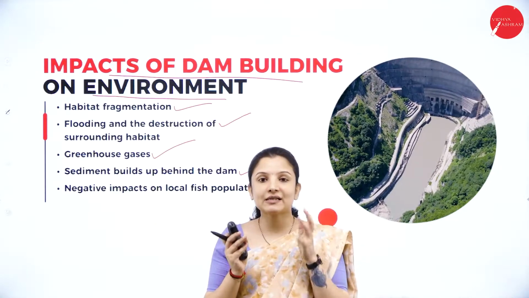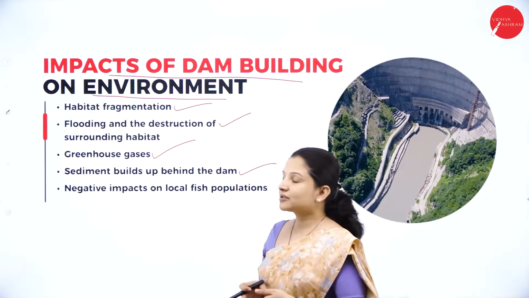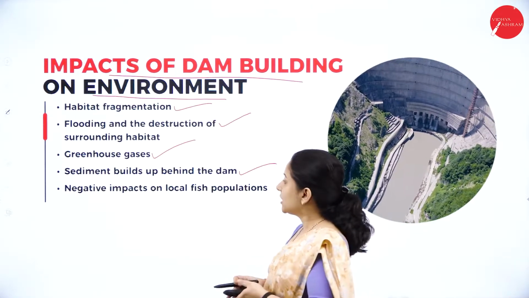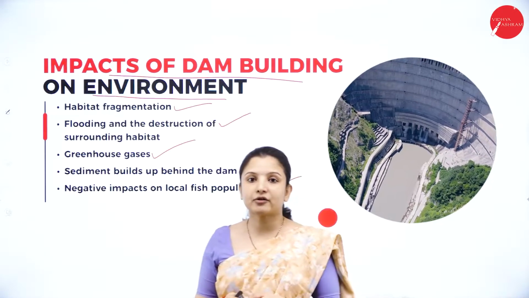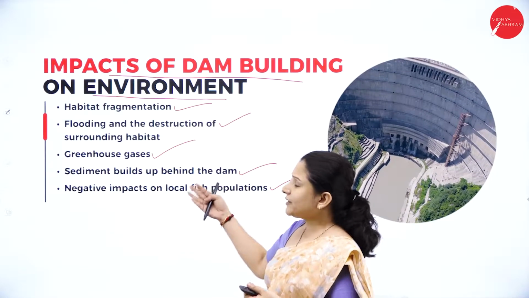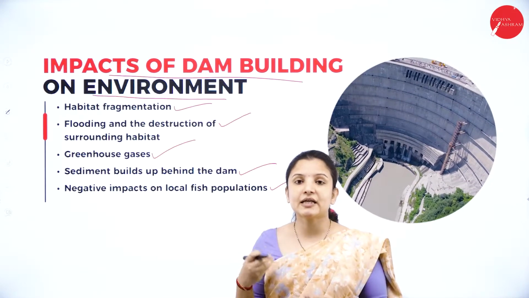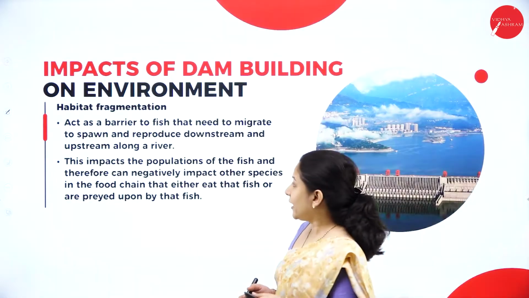Therefore, sediments start to build up behind the dam. It also has a negative impact on the local fish population. Let us study in detail exactly what threats all these impacts pose to the environment.